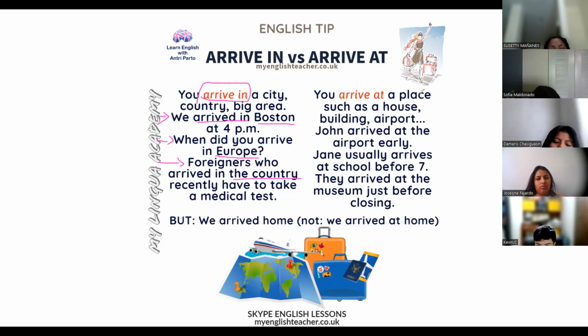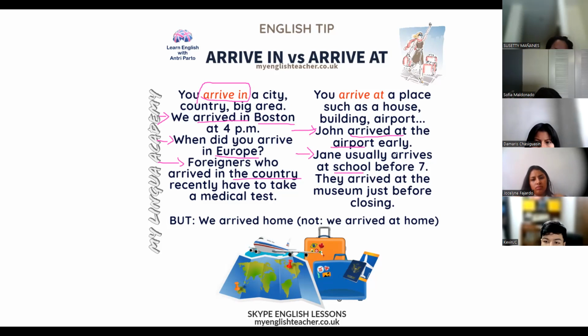Arrive at, when referring to a place such as a house, building, airports. For example, number 1. John arrived at the airport early. Okay. At the airport, arrived at. Next. Jane usually arrives at school before 7.